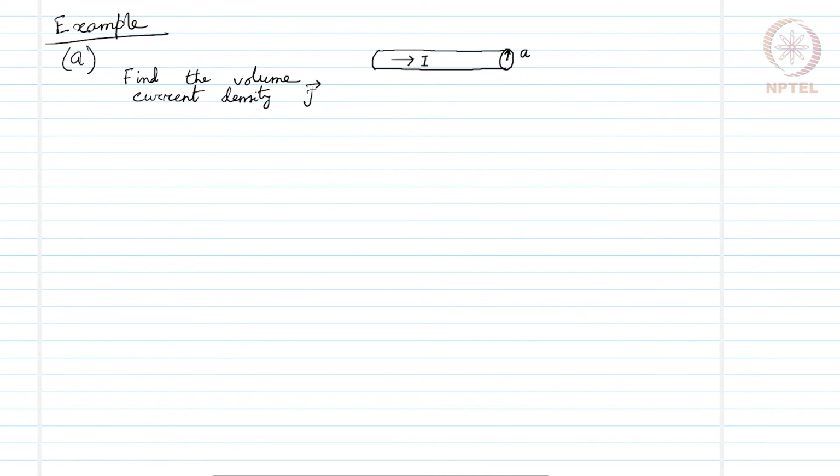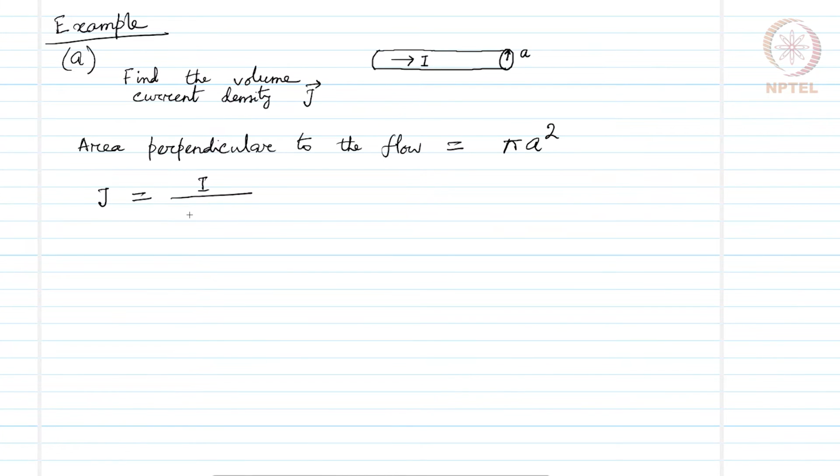Because it's uniformly distributed and the area perpendicular to the flow is pi times A squared, the volume current density can be given as I over pi A squared.